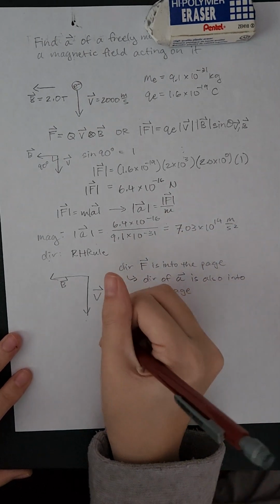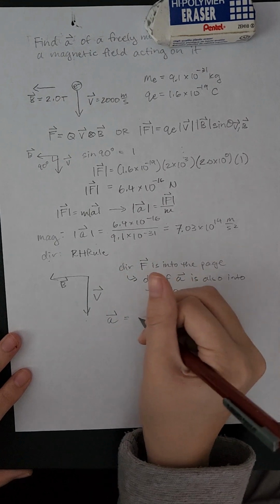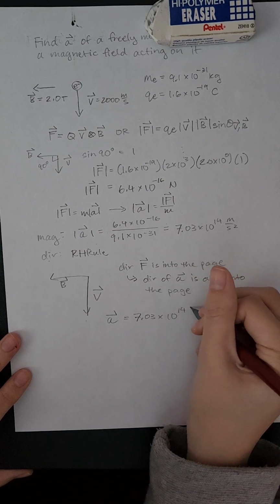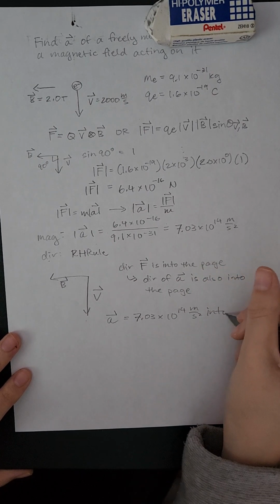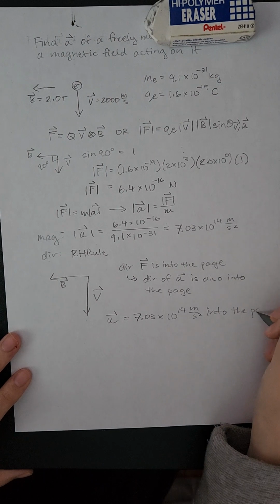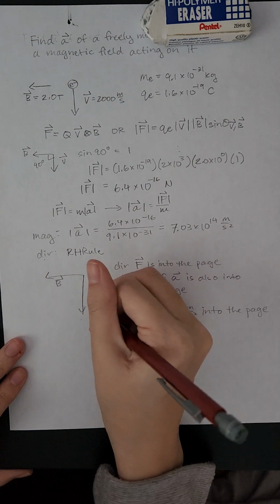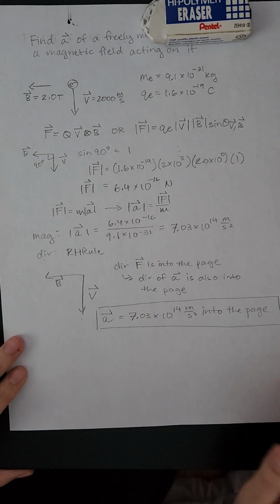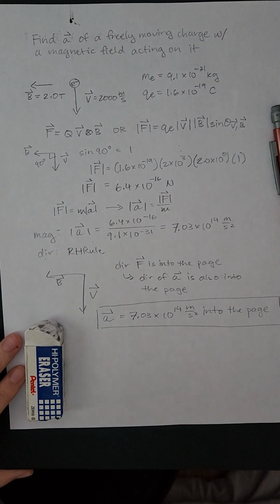Therefore, A is equal to the magnitude 7.03 times 10 to the 14 meters per second squared into the page. We have a magnitude and direction, which makes A a vector. So that is the acceleration, both the magnitude and direction.